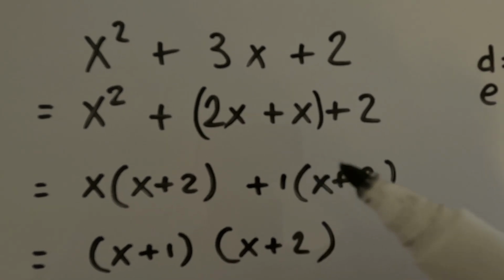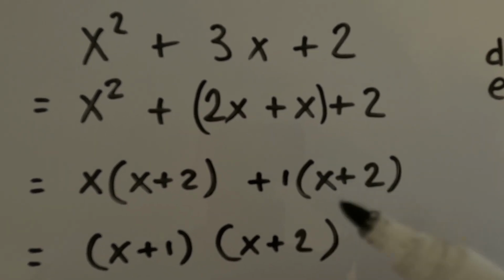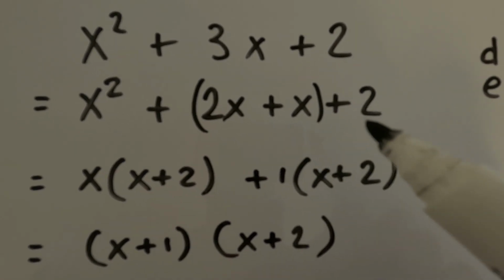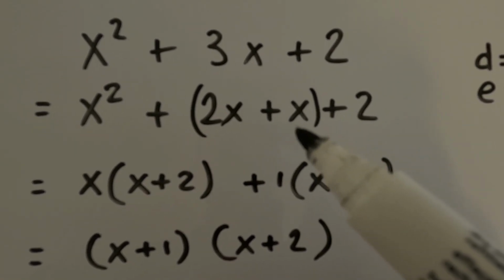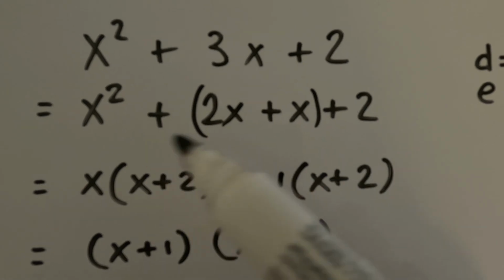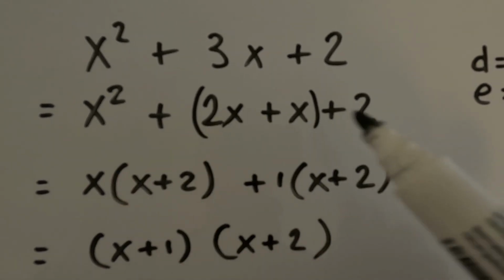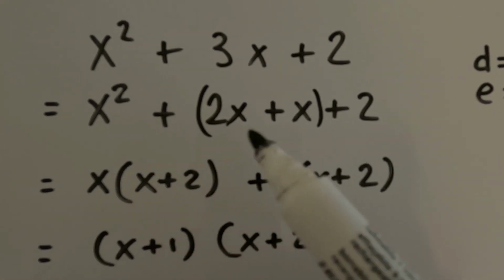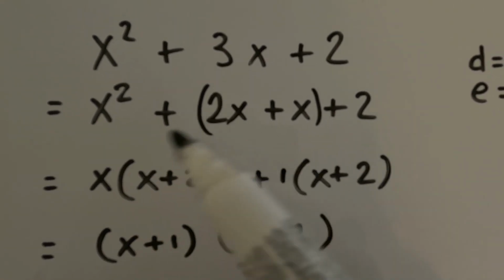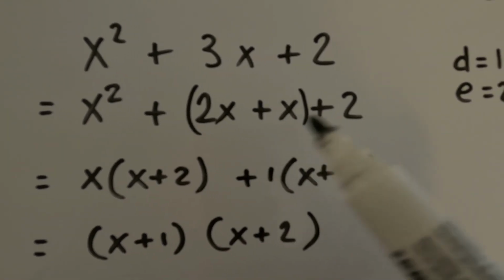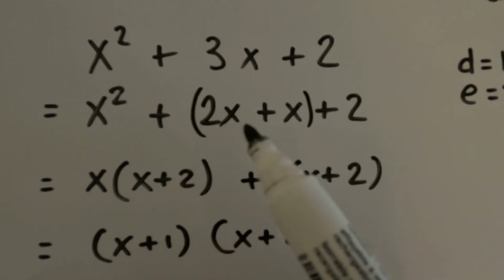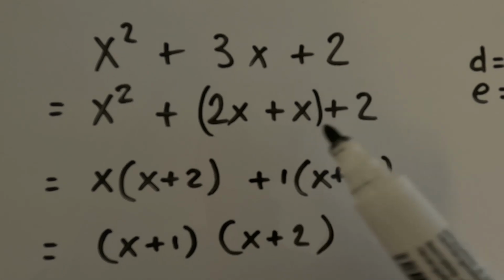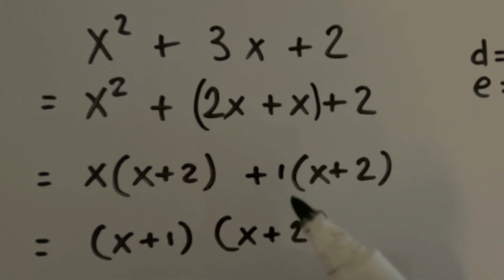You get it for free because this will now be a factor of this last portion, this second half of the equation. So this has 4 terms, x squared, 2x, x, 2. The first 2 terms are one half, and the second 2 terms are another half. First 2 terms we've just factorised: x times x plus 2. Now we need to factorise the last 2 terms.